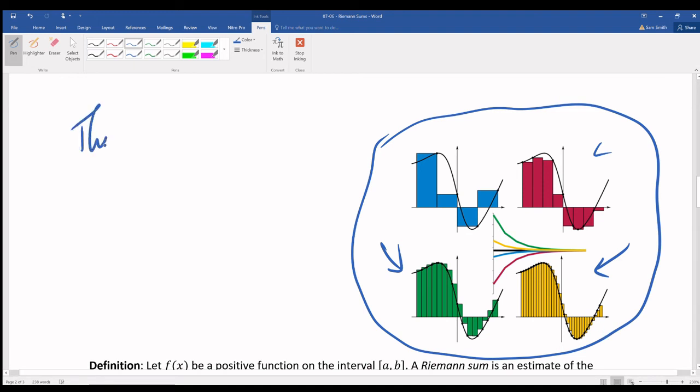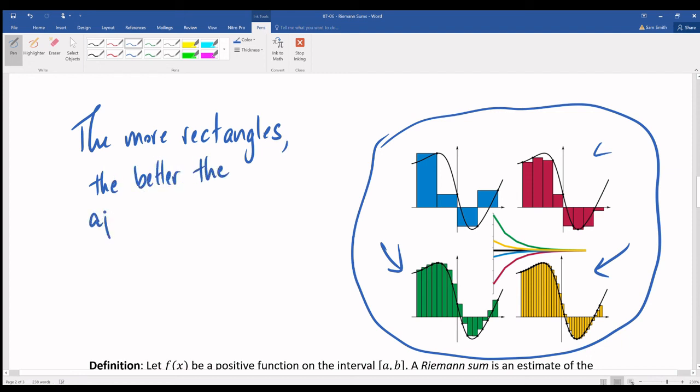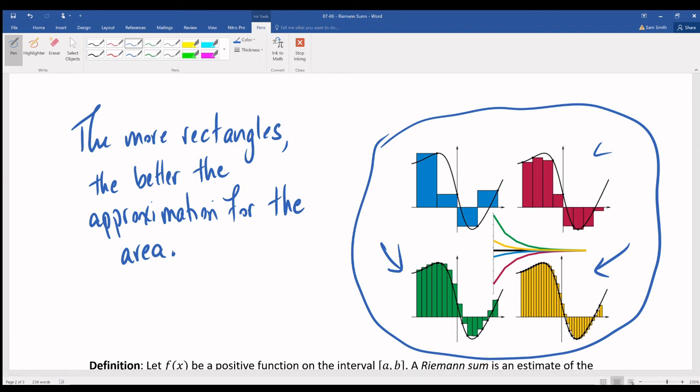The more rectangles you use to do this tiling, the better the approximation for the area. So what we're going to do in the next video is we are going to find a general formula that can be used to estimate the area under the graph of a function using however many rectangles you want to use. And that will be a formula for the so-called Riemann sum.